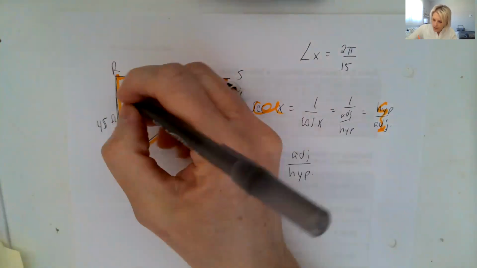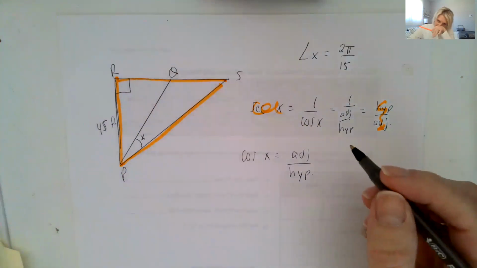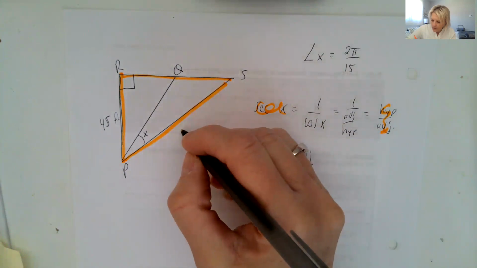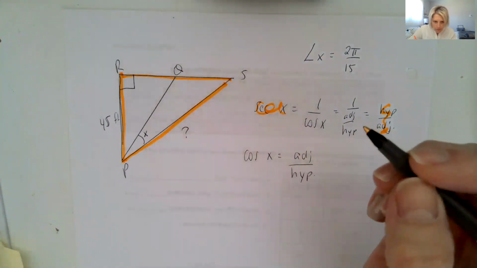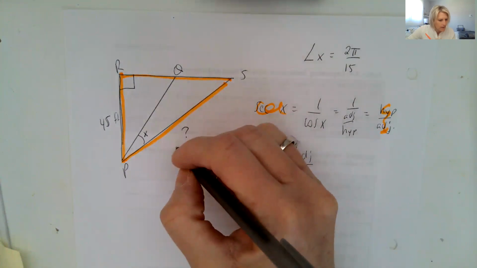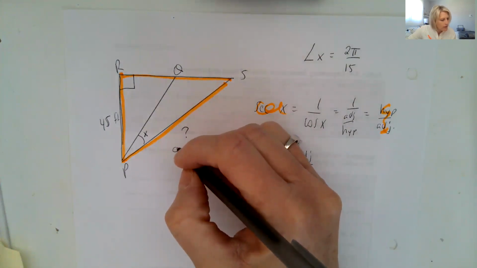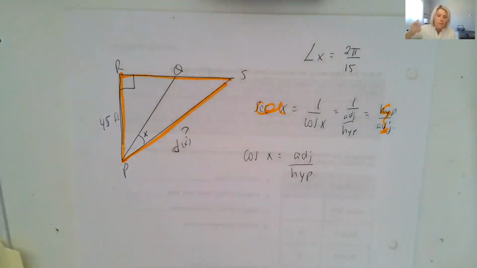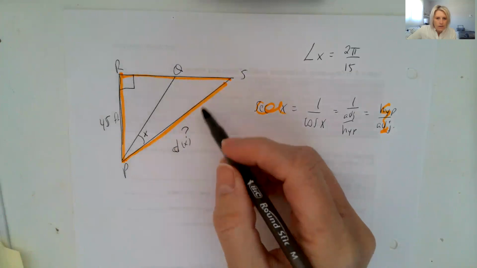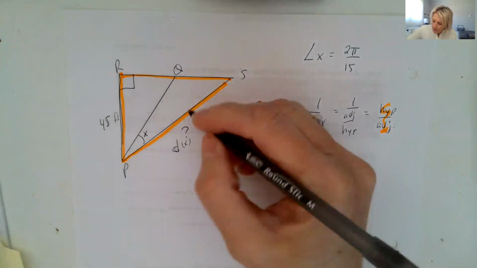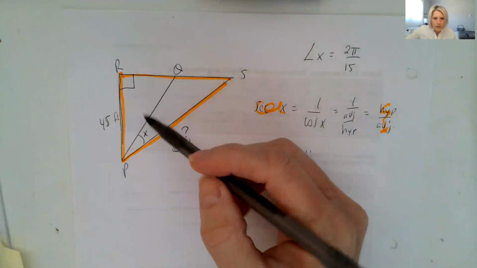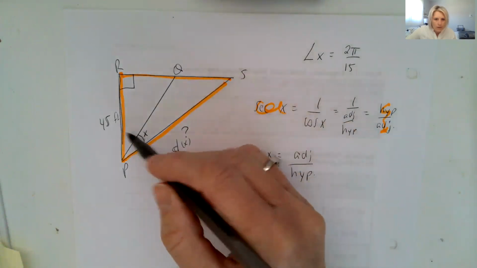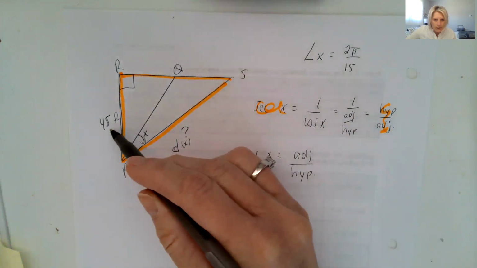This is our right triangle, and this is the side that's in question. We want to know the length of that side, which they define as the function d of x. Since this is our hypotenuse, and the angle we're referencing is over here, this is going to be our adjacent.